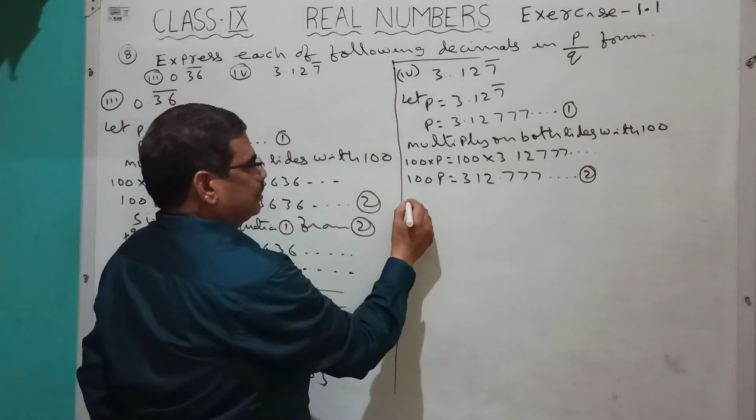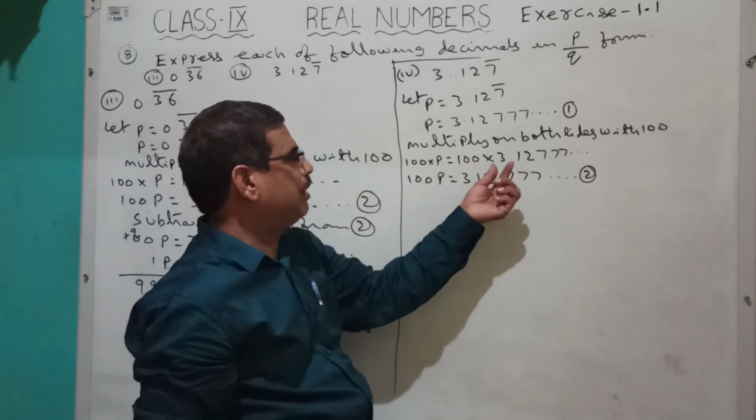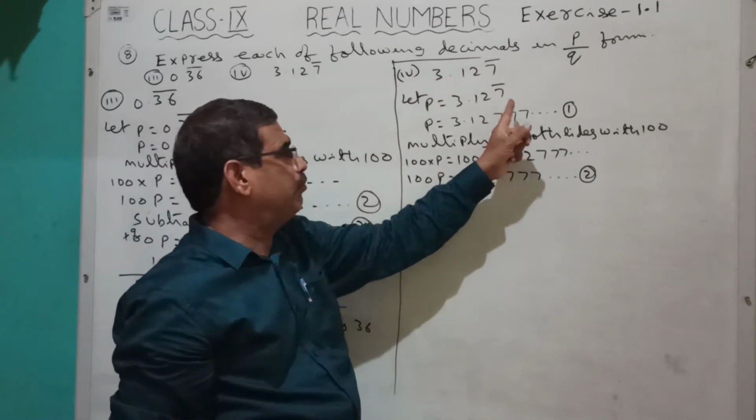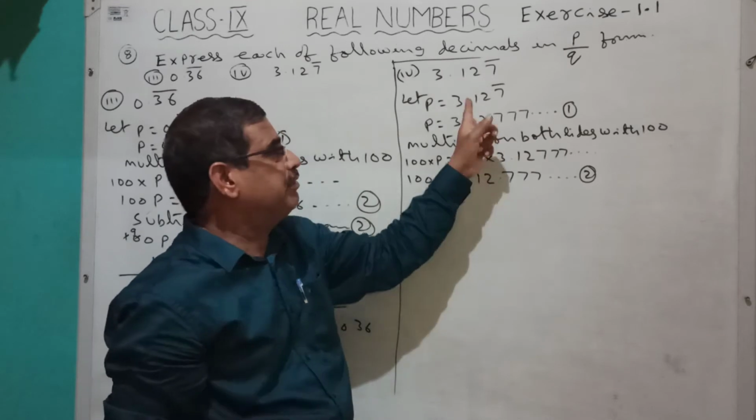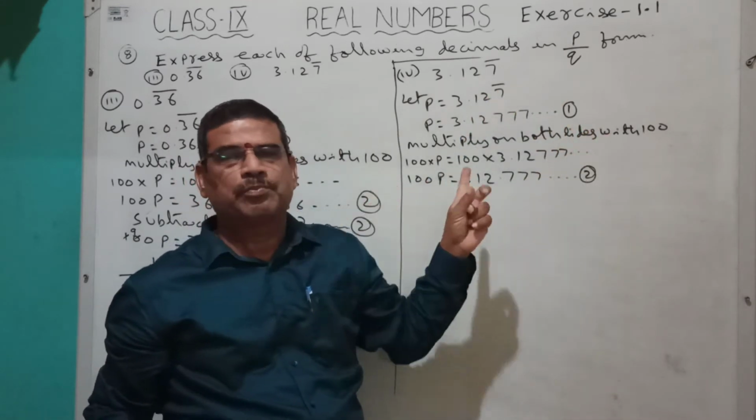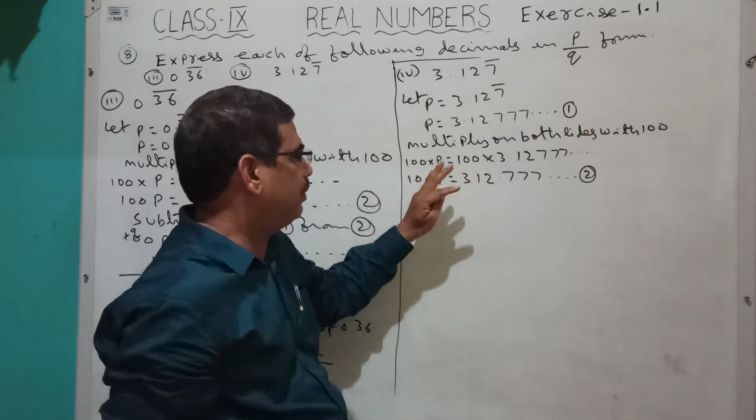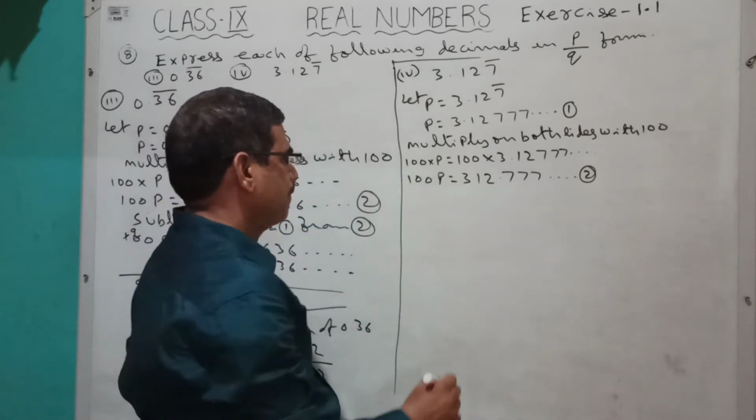Now, how many terms are repeating? Only one term is repeating, 7. So the periodicity is 1, and we have to multiply with 10.